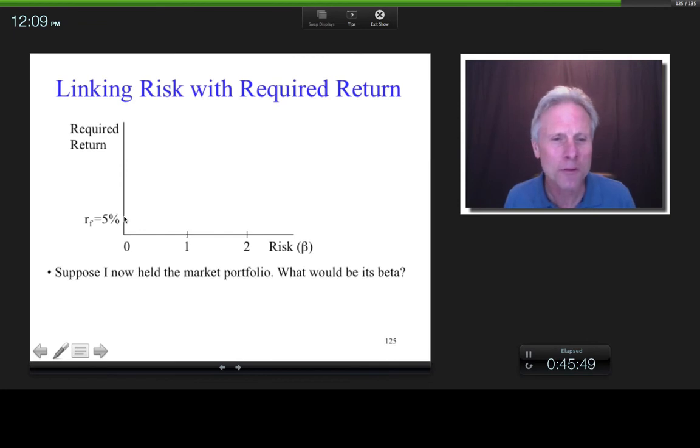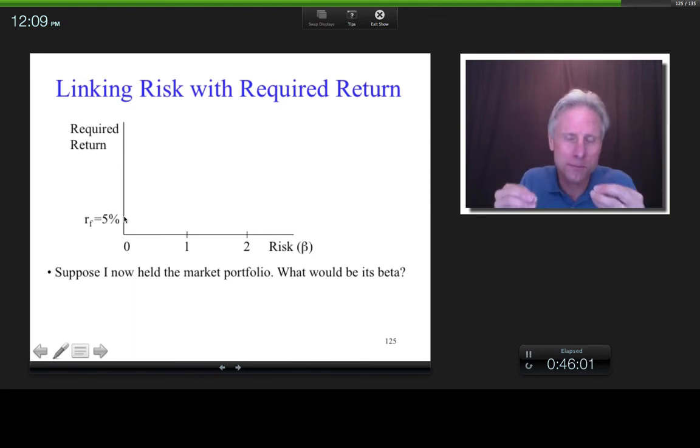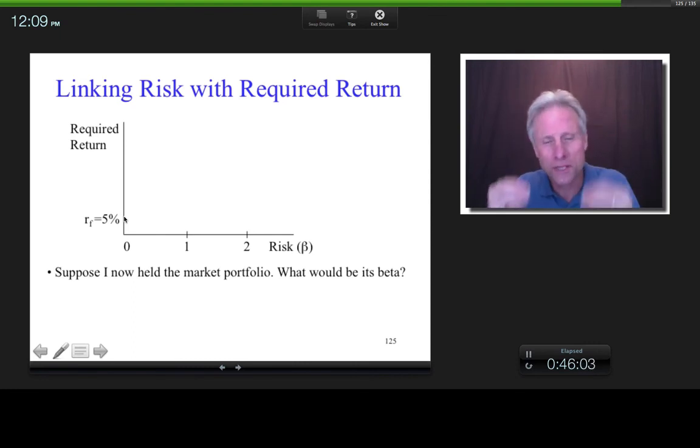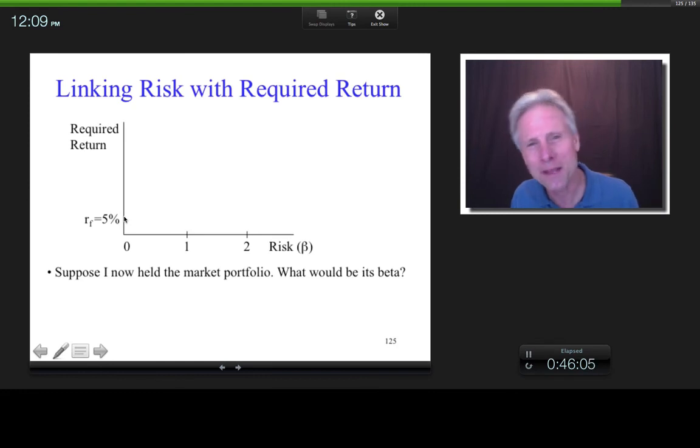Now suppose I hold the market portfolio. Well, what's the beta of the market portfolio? Well, the sensitivity of the market with itself is what? The market goes up by 2%, it goes up by 2%, so sensitivity of the market with itself is 1 to 1, and therefore the beta of the market is what? It's 1, right?